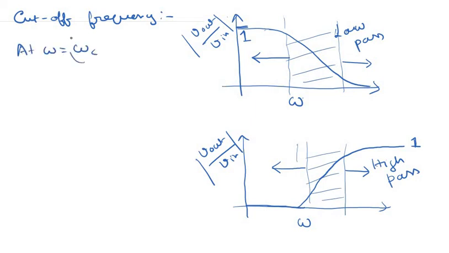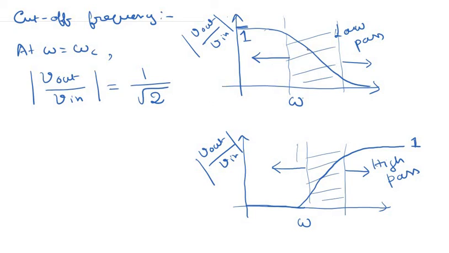So omega c is basically the cutoff frequency, and when the frequency of the incoming wave is equal to the cutoff frequency, then the magnitude of V out divided by the magnitude of V in is equal to 1 by root 2. So this is how we define cutoff frequency. 1 by root 2 is approximately 0.7.